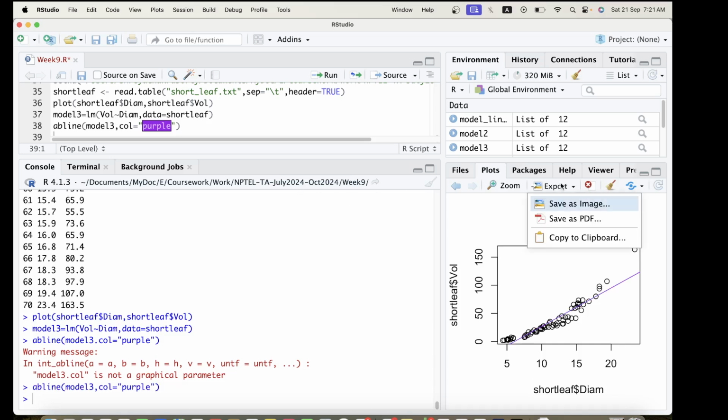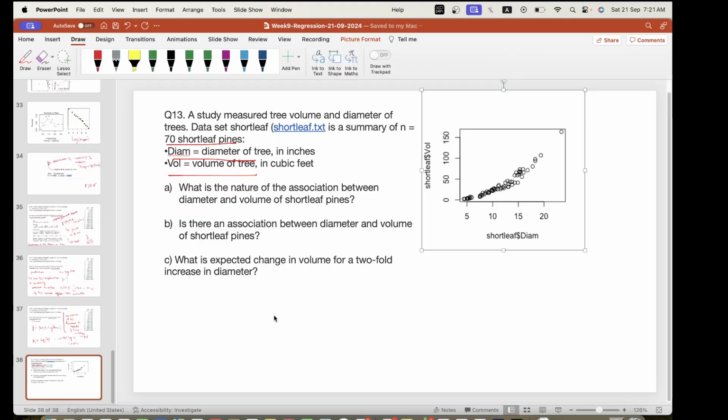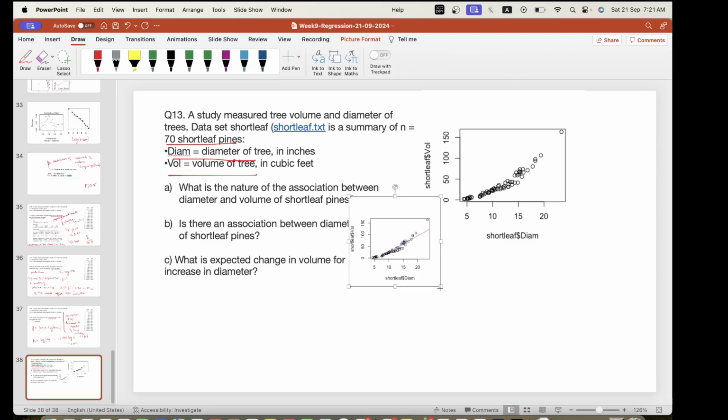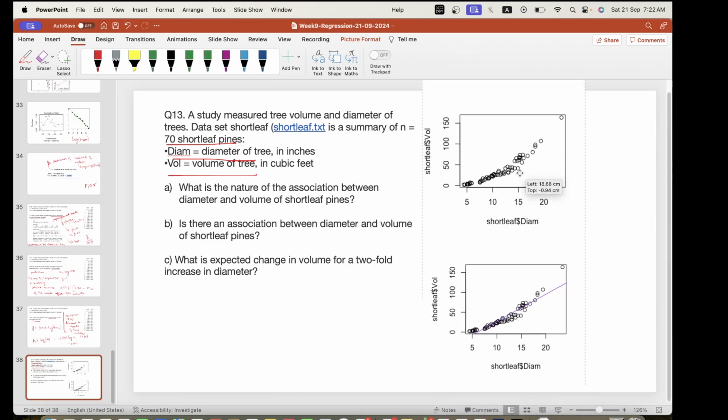Okay, so from here we see this is our linear regression plot. It doesn't look like the linear plot is making any sense here.